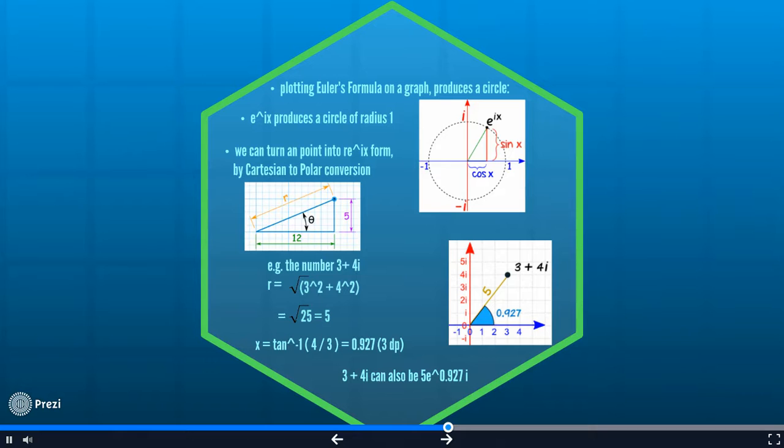So 3 plus 4i can also be 5e to the power of 0.927i, and this can be seen on the graph. There are many cases where it is easier to use the form r e to the power of i theta than a plus bi, for example, multiplication. So the two different methods are very useful.